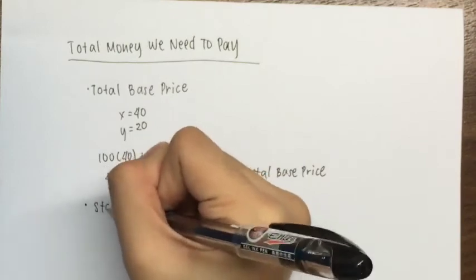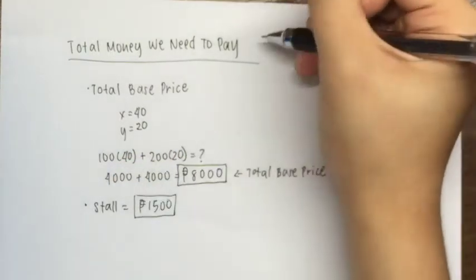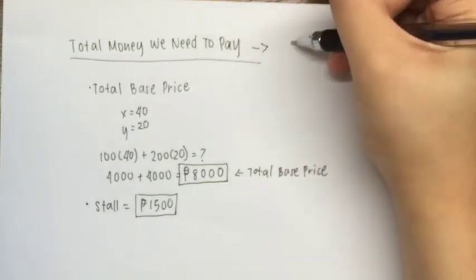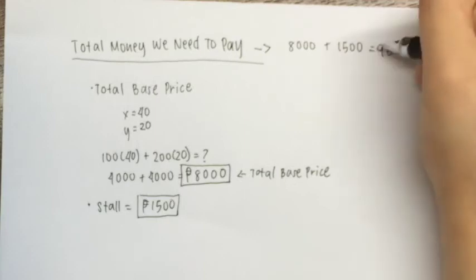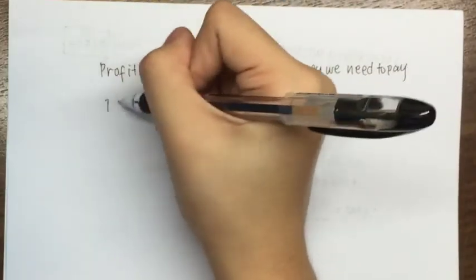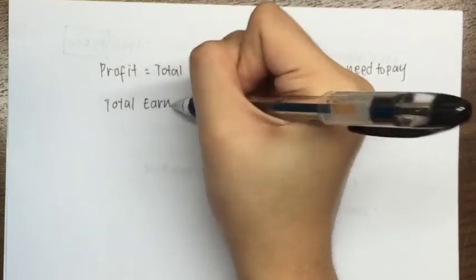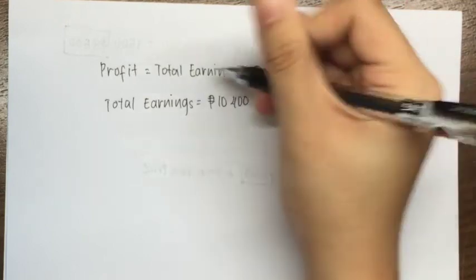Our stall costs 1,500 pesos. Adding those two together, 8,000 plus 1,500, we get 9,500 pesos, which is the total money that we need to pay. To get our total profit, we need to subtract the total money we need to pay from our total earnings.